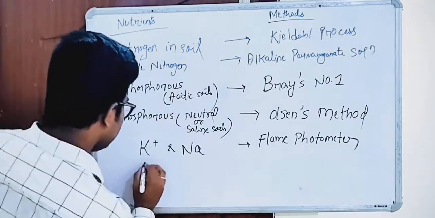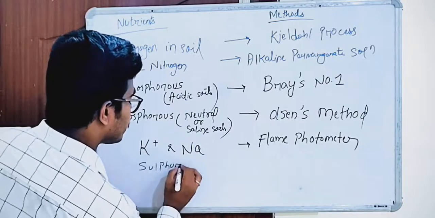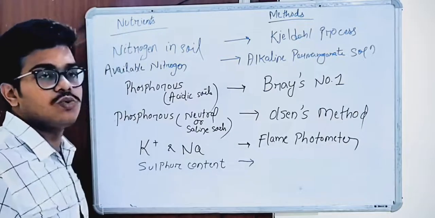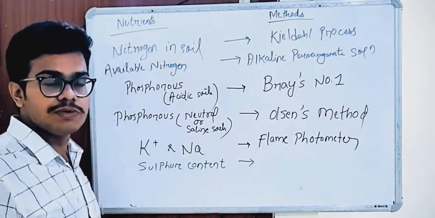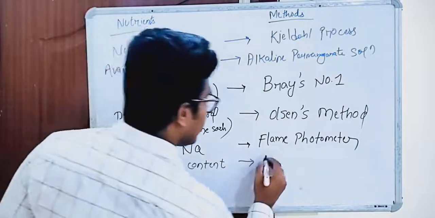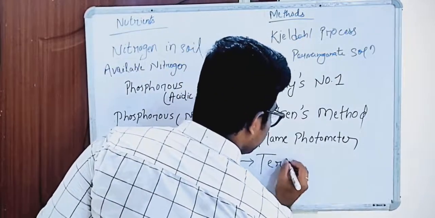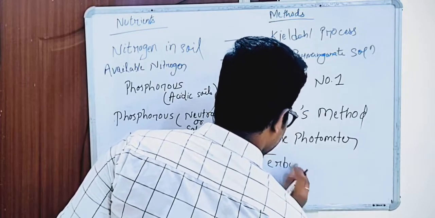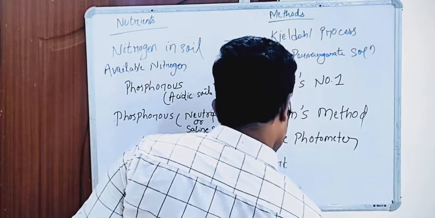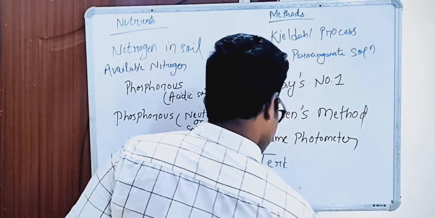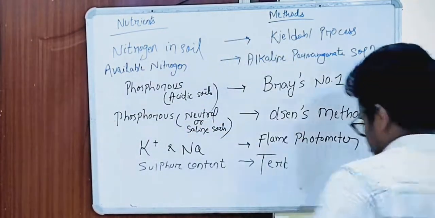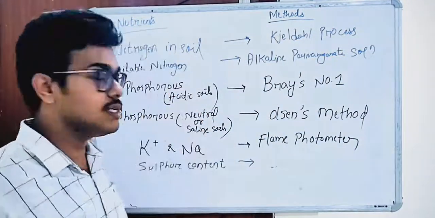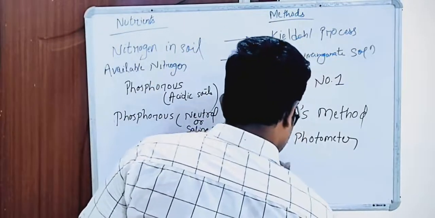Now generally we also calculate sulfur content. Sulfur content is estimated to know the amount of absorption of sulfur in a particular plant or soil.